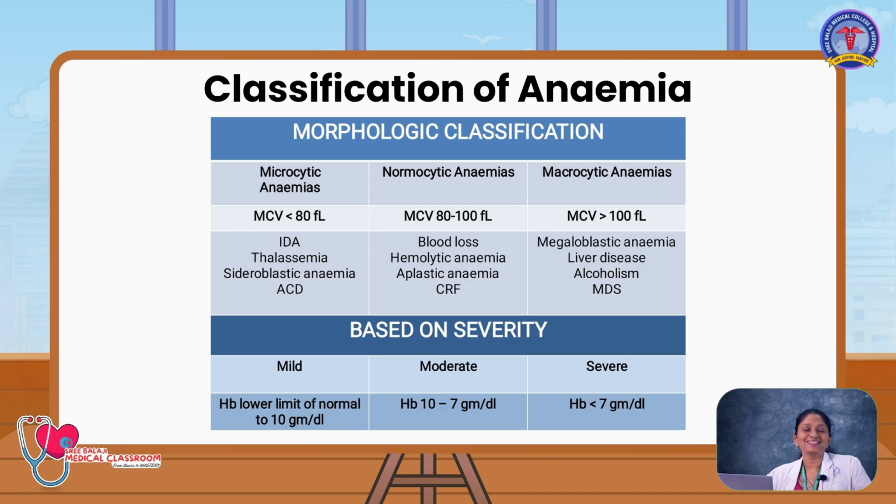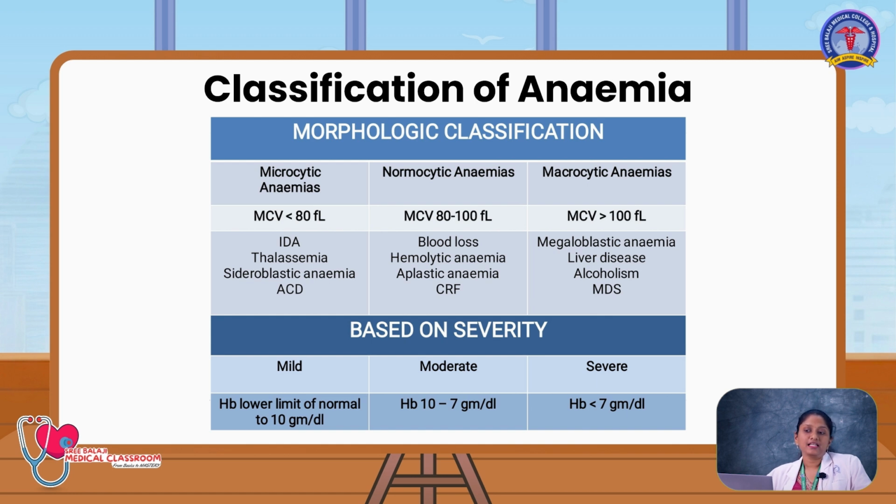The red cell is normal in size. The most common normocytic anemias are anemias due to blood loss, hemolytic anemias, aplastic anemias, and anemias of chronic renal failure.